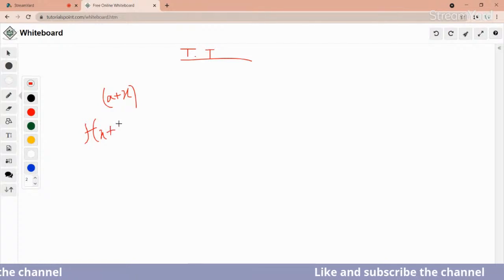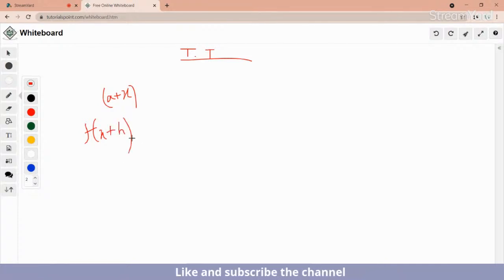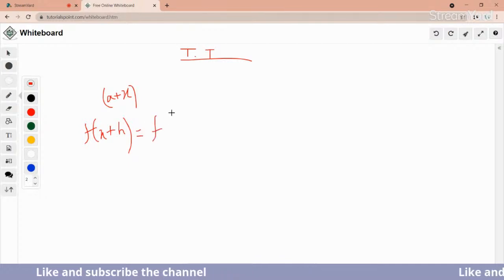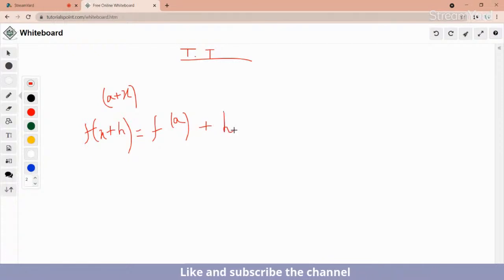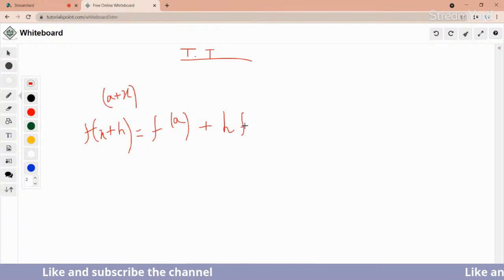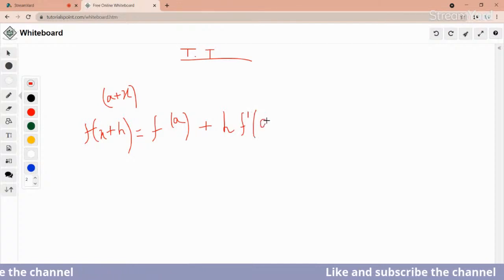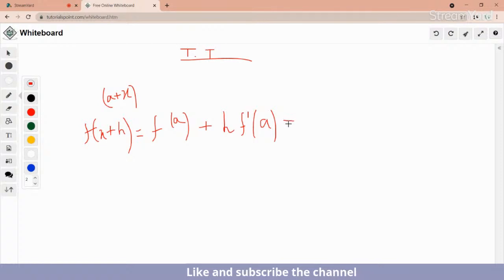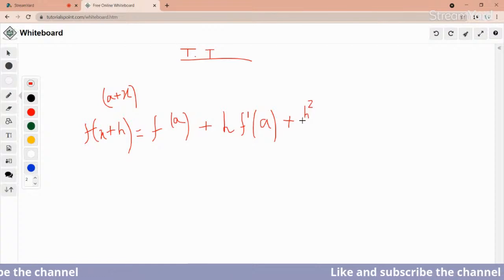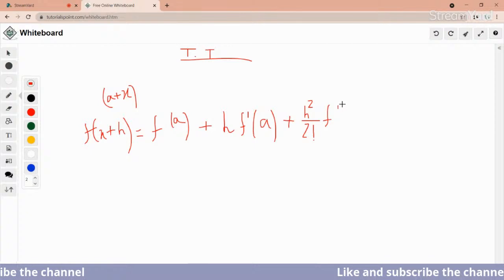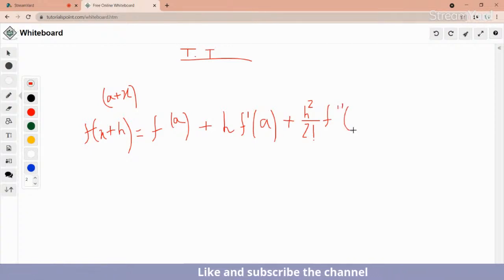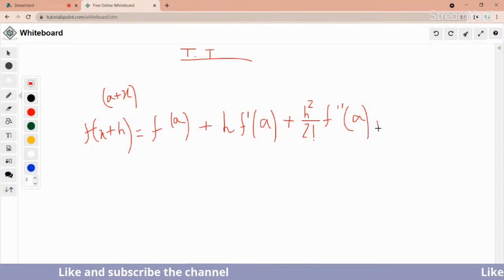f of x plus h will be equal to f of a plus h f dash a plus h square by 2 factorial f double dash a plus, it's going on.